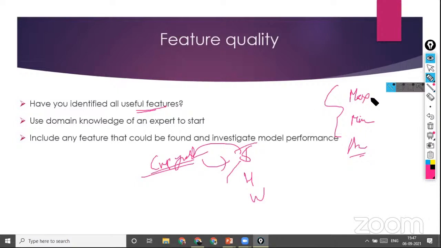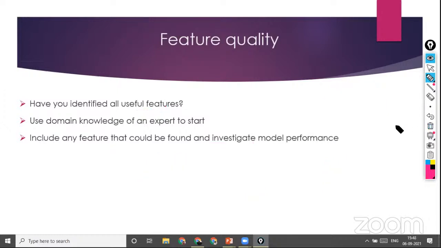There will be some dependency between these features, which means they are highly correlated. In those scenarios, that can badly affect your model performance, so you may have to discard one of the features. All these things you should keep in mind when you select the features. Or you can consult a domain expert to start with. That will reduce a lot of headaches.